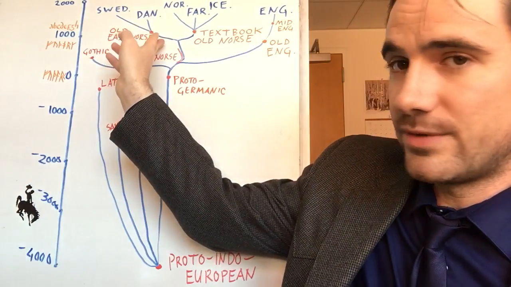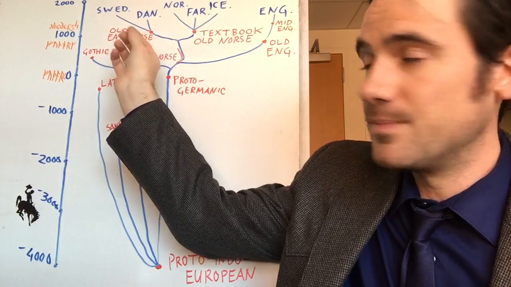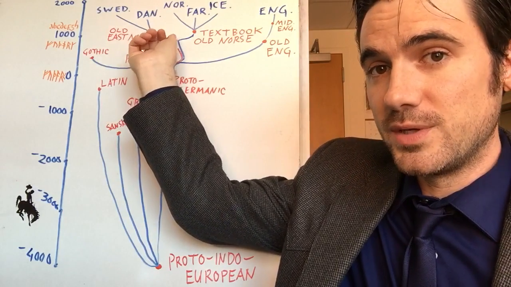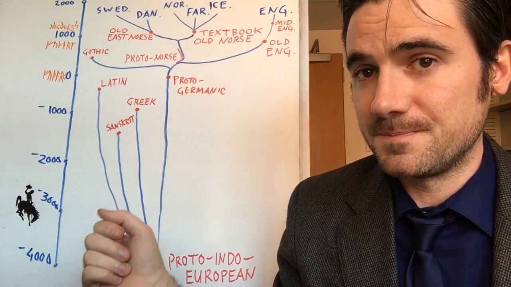And late in the Viking Age, perhaps around the late 900s or by 1000, there's a distinct split between Eastern and Western Scandinavian languages.